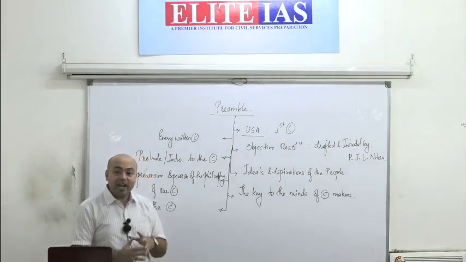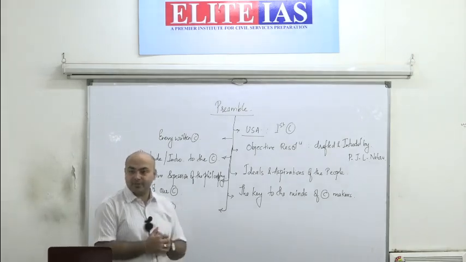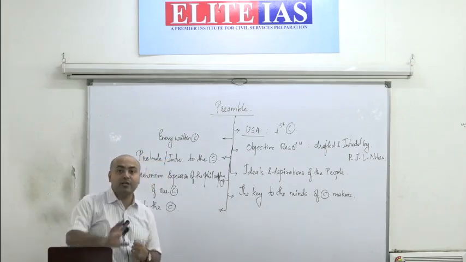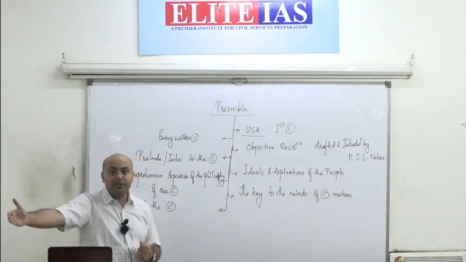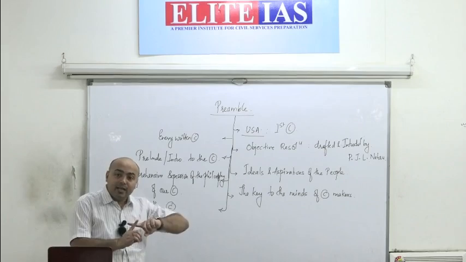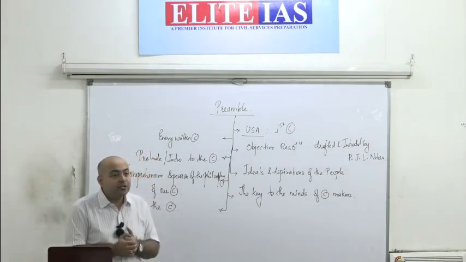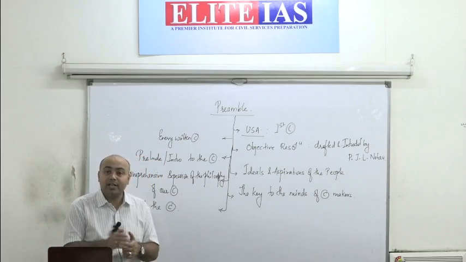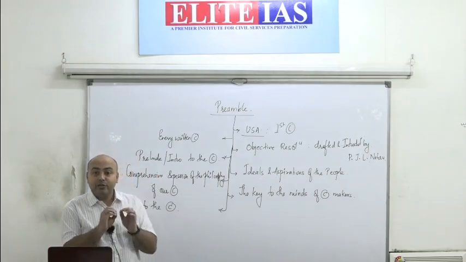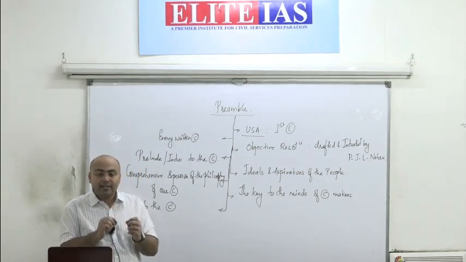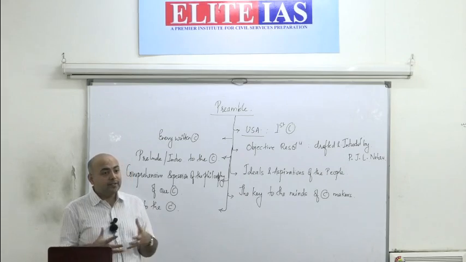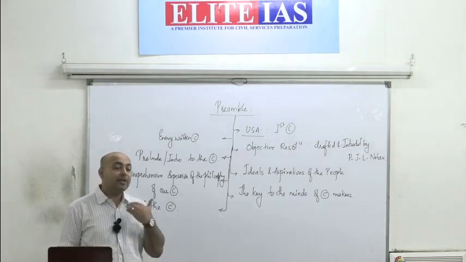And hence, if ever there is an ambiguity on any provision of the Constitution, when the Supreme Court or the judiciary takes up its interpretation, it looks into this very idea: if this is not very clear, let's look at what the preamble has to say.